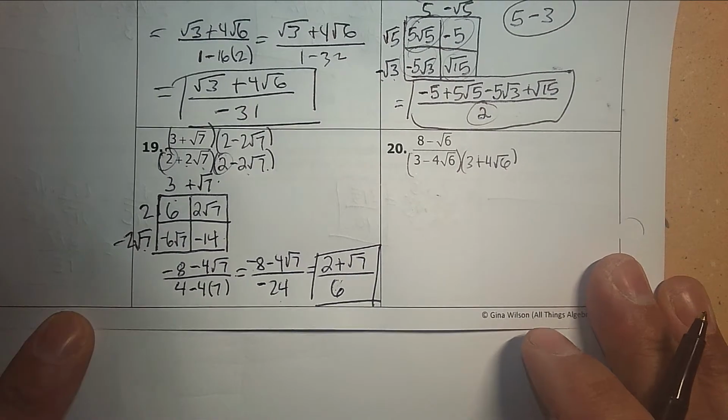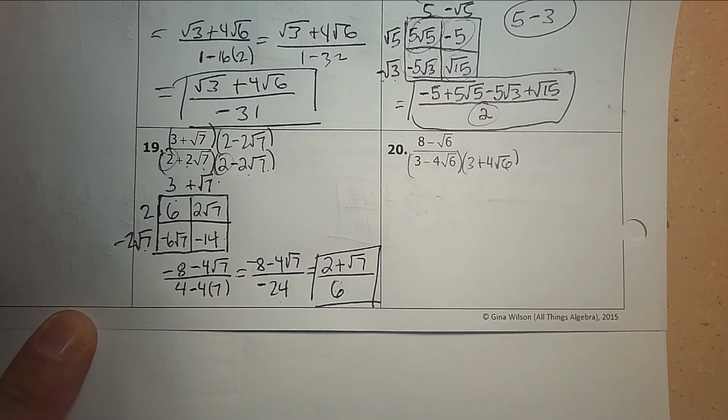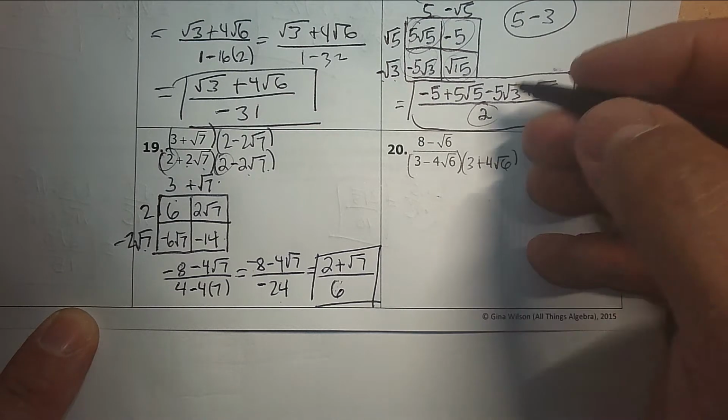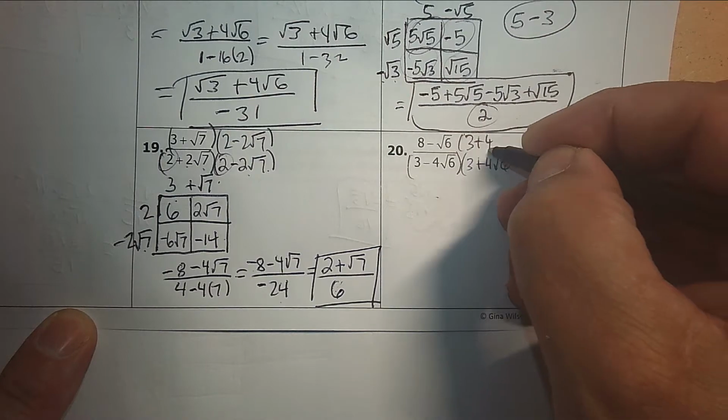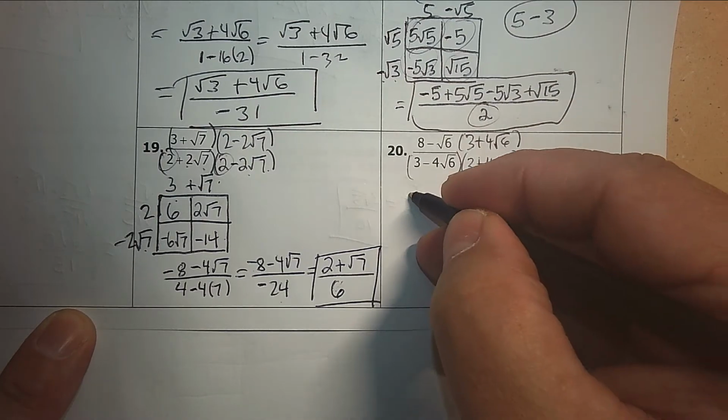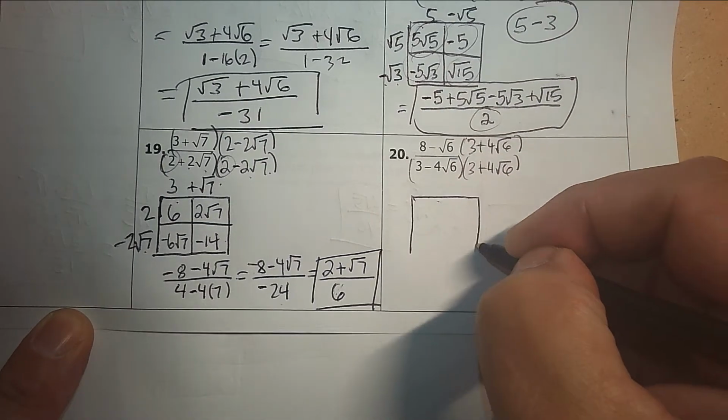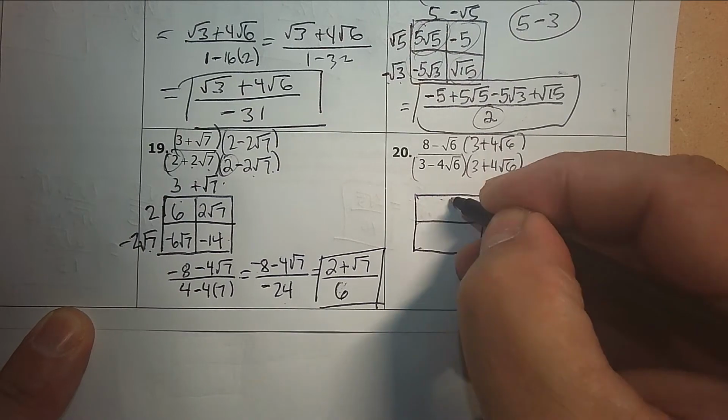I even started it for you. There is nothing simplifiable. So what is the conjugate? 3 plus 4 root 6. So, again, I'm going to give you a moment. Set this up. That's for the numerator.